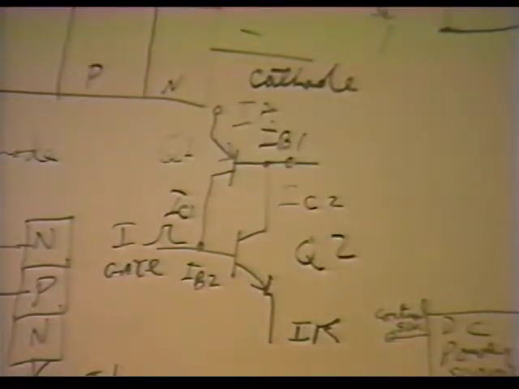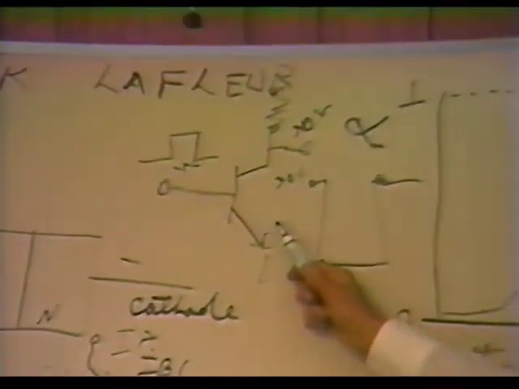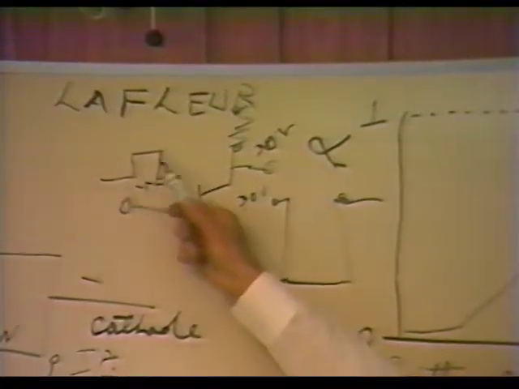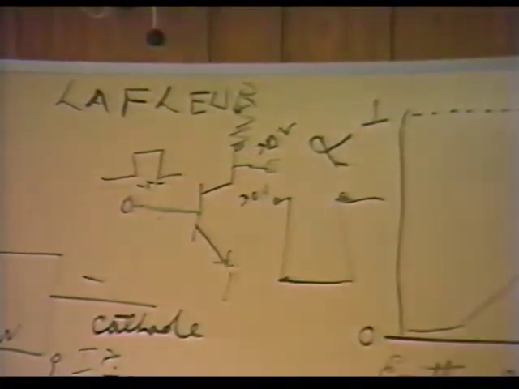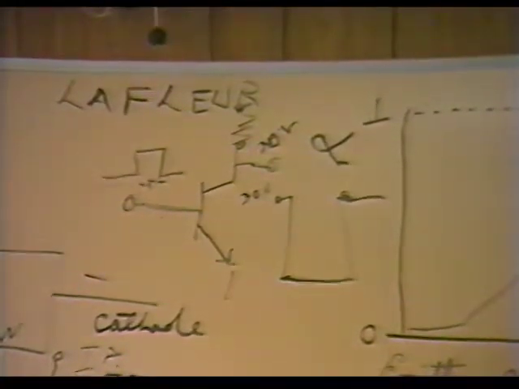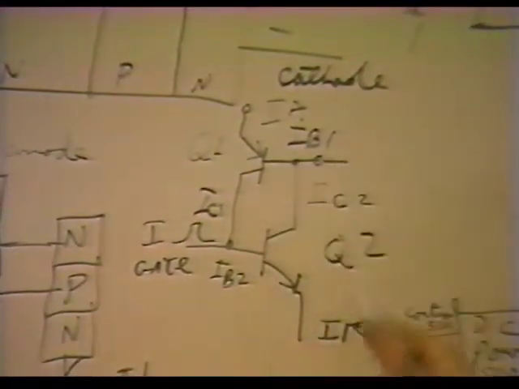Now, remember I said in the transistor I showed you here, we can turn the transistor on, but when we turn it off, it shuts off. When we turn the SCR on with this regenerative feedback, what happens, of course, is it turns on very strongly and stays on. Now, the gate no longer has any control.